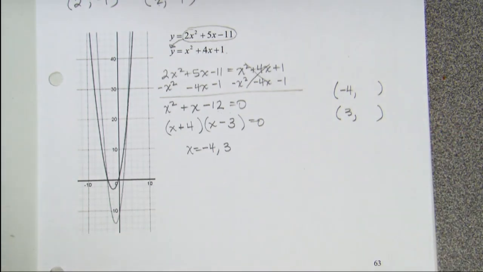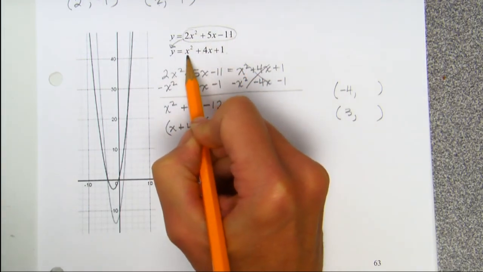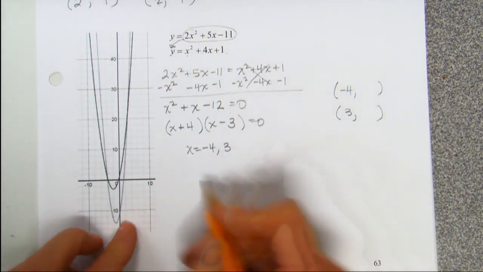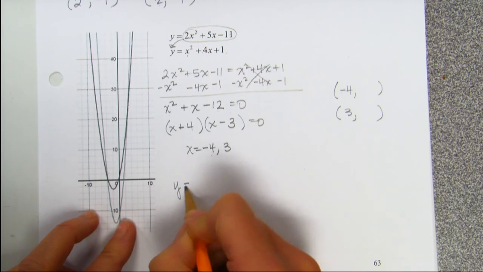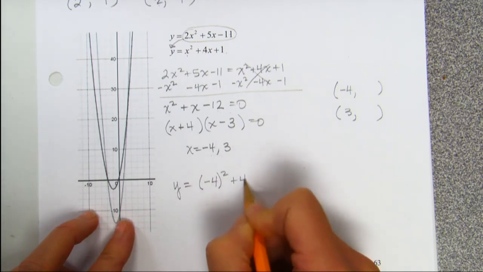But we have to go get our y values. You take your x's and you plug it into either of the 2. I like the bottom one just because the numbers are smaller. So we're going to plug negative 4 in. And when you plug in a negative, you put parentheses around it or it's wrong, guys.